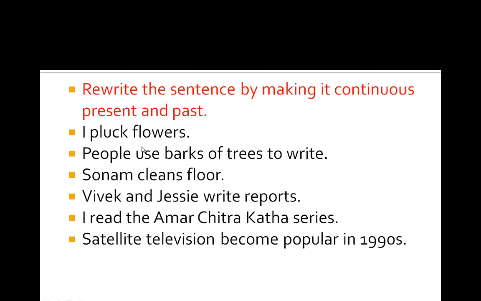Again, if you want to change into continuous past tense, what is the formula of continuous past? That is subject plus was or were plus verb plus ing plus object. Then make the change. I was plucking flowers. Like that, students, you must write all these sentences in your notebook by making the changes according to the given instructions.